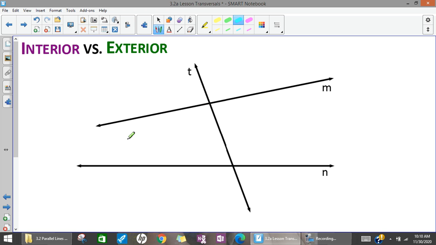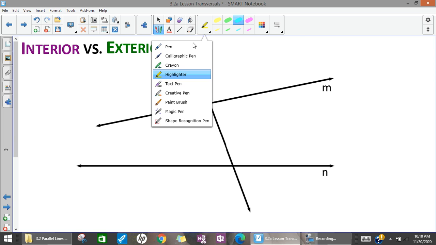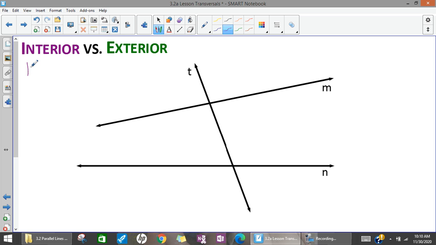So whenever we have two or more lines intersected by a transversal, we have sort of two regions that get formed, an interior and an exterior. Interior means, I guess more simply, inside, and exterior means outside. When I talk about interior or exterior, I'm talking about whether my angles are in between the lines that are intersected, or outside of the lines that are intersected.